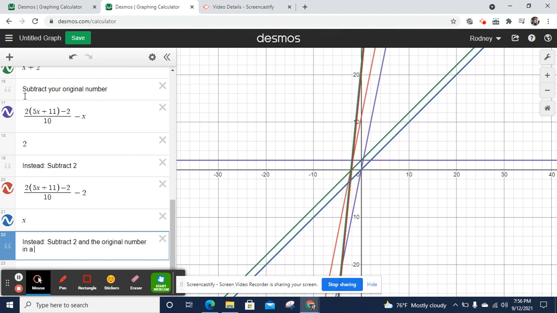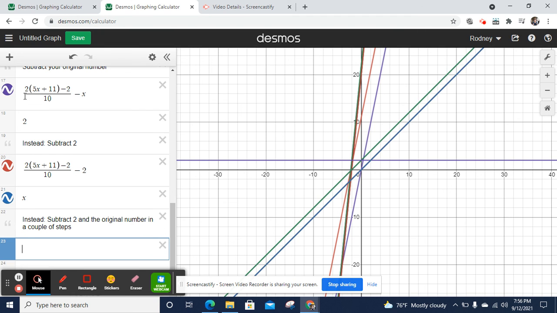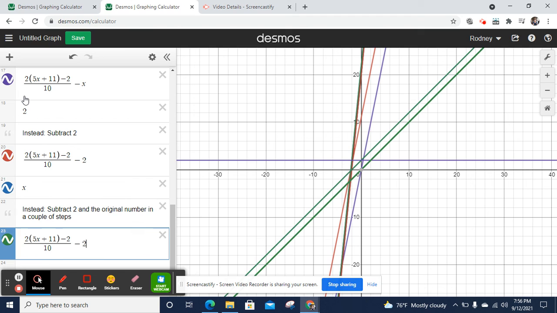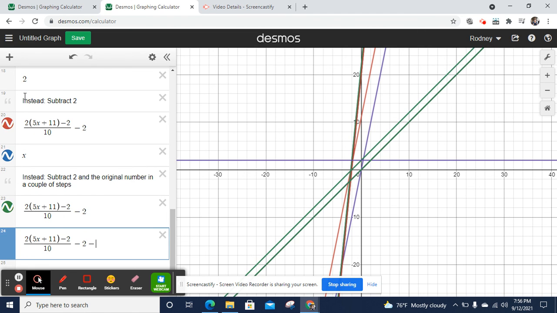In a couple of steps. Don't do it all at once because then they'll be on to you. Okay, so we're going to take this, minus 2, but we're not doing the minus 2. We can do minus 2 and then minus x.